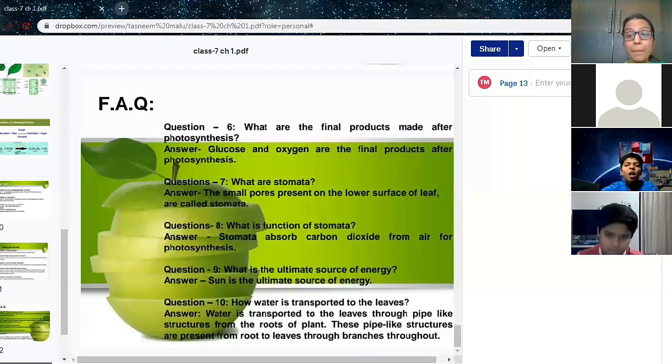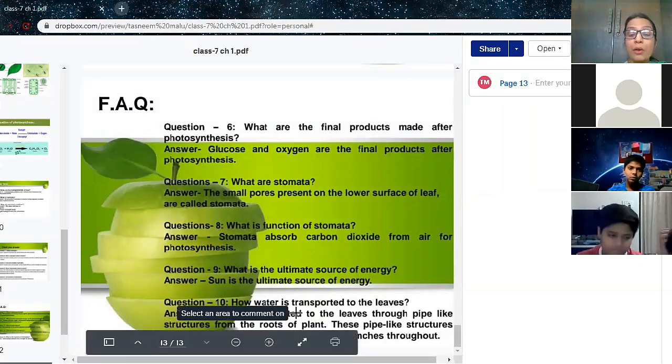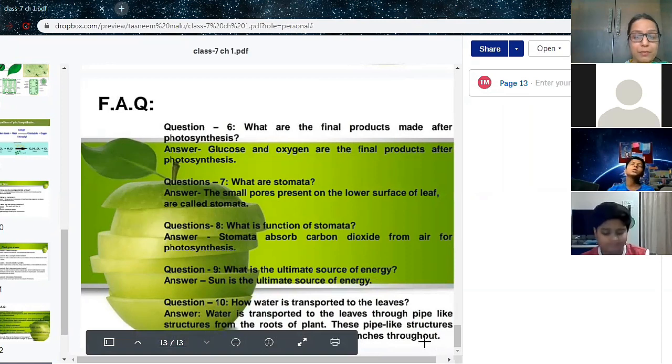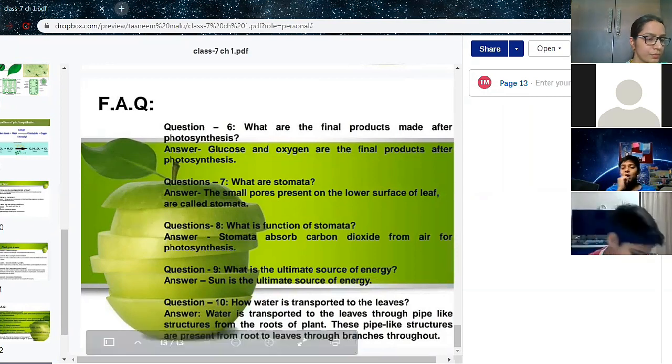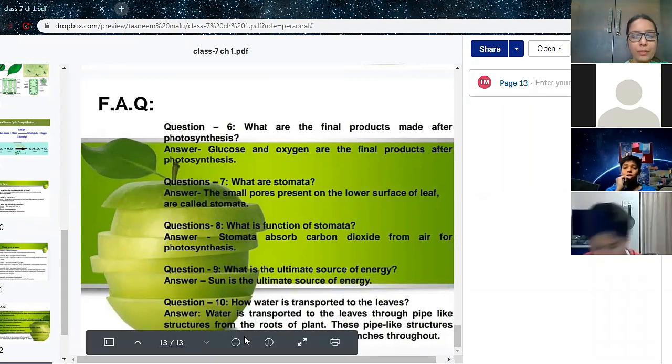They are known as xylem. Xylem is responsible for the conduction of water from roots to the leaves. These pipe-like structures carry water and minerals to the leaves and from the leaves to all other parts of the plant.